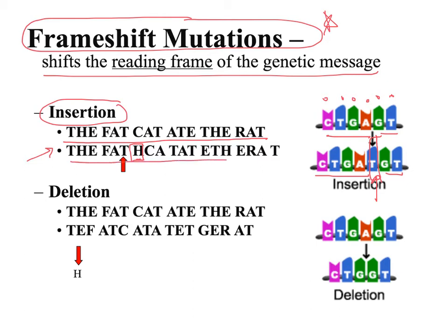Did that change our message or our reading frame or our final message? Yes, substantially, to the point that we don't even understand anything after the fat. So you can see the effects of these frame shift mutations. It affects everything else after that simple insertion, because now we're not getting the same amino acids after this point.